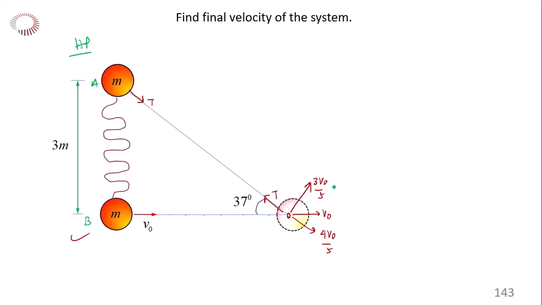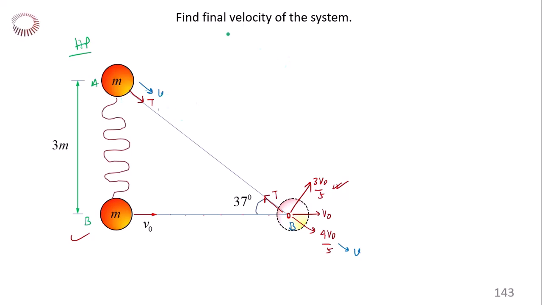Since this component is perpendicular to the direction of the impulse, after the string becomes taut there is no change in the 3 V0 by 5. Let us say after the string becomes taut, the ball B is moving in this direction with a velocity V, and similarly the ball A will also move with V. This V corresponds to the final momentum.